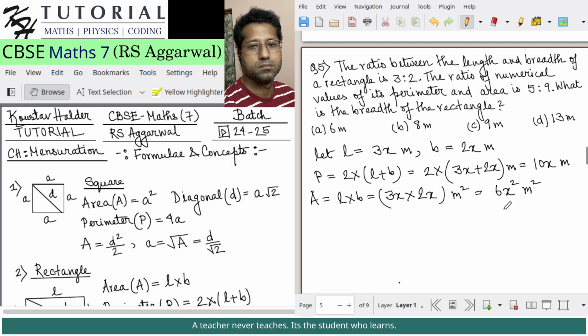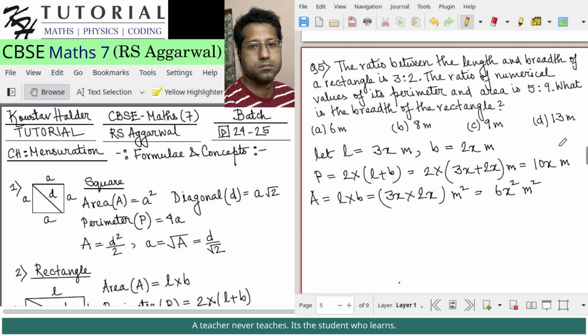Now it is given that the ratio of numerical values of its perimeter and area is 5:9. It is not the ratio of perimeter and area, because the unit of perimeter is in meter and the unit of area is in meter square. Usually we talk about the ratio of two quantities of same kind and same unit.